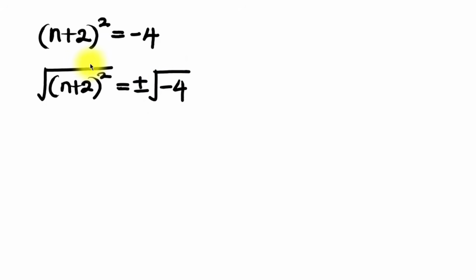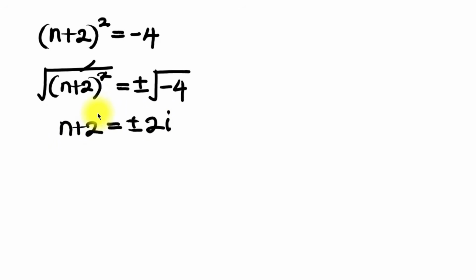Now notice that this square root cancels out the square, leaving behind n plus 2 equal to plus or minus the square root of negative 4. Well, the square root of 4 is usually 2, but because of this negative it makes it a complex number, which means we can put i here. So the square root of negative 4 is 2i, a complex number.